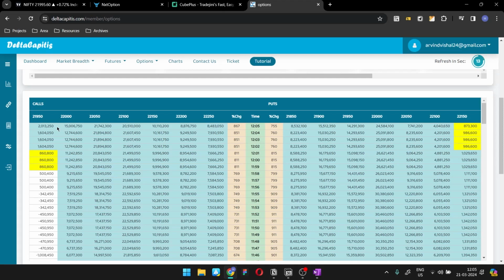Here the unwinding in puts has started a little. Looking at the 22,000 put, from 30 lakh positions, now 6 lakh positions have been removed. So it is still not a clear verdict, but it is heading towards bearishness. It can be manageable.